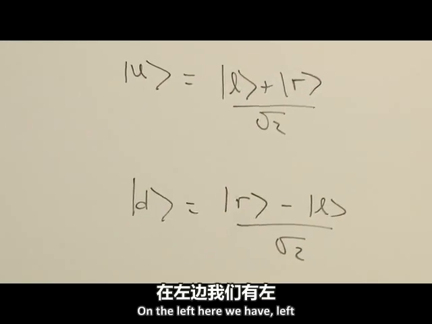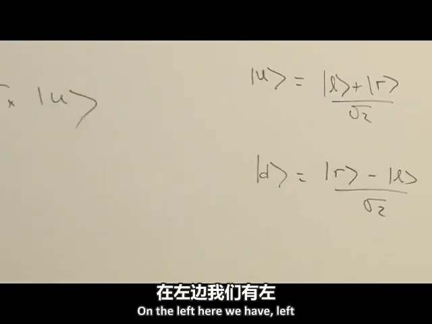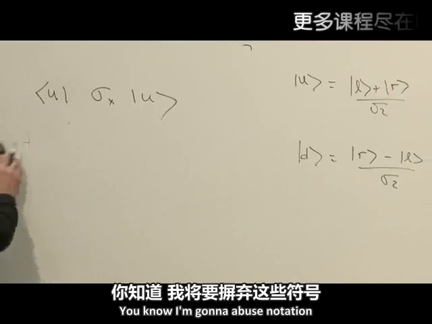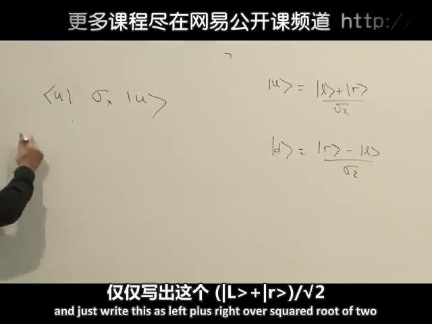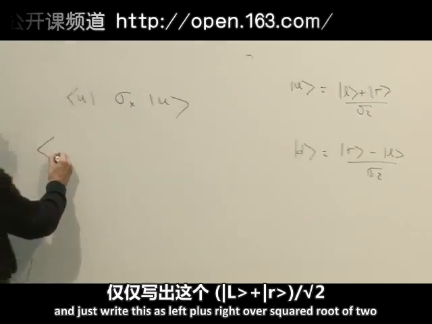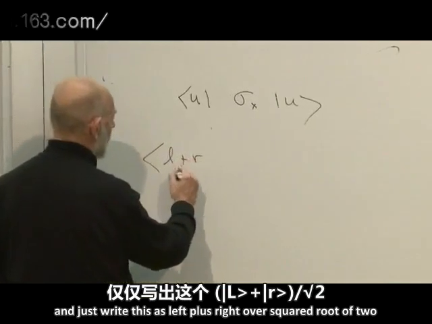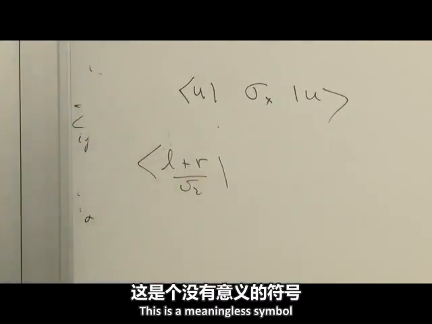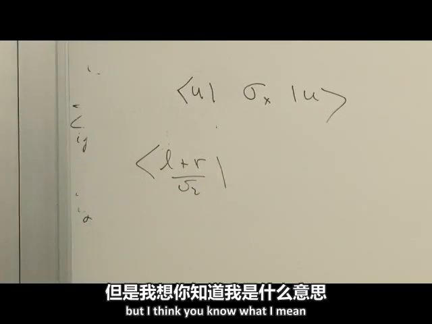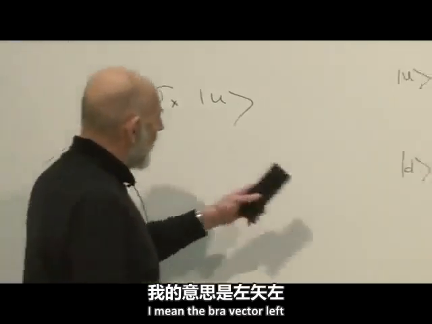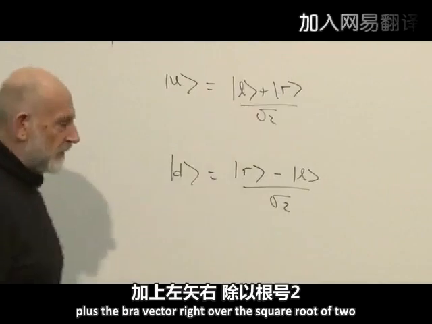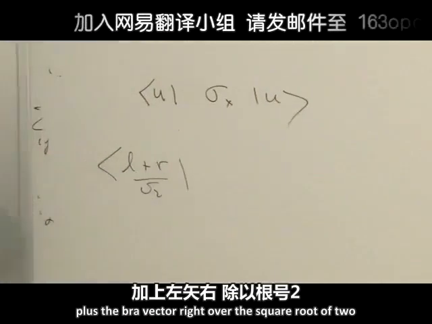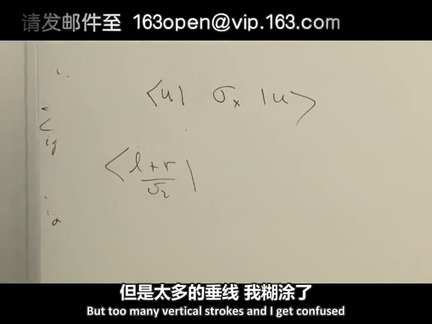On the left here, we have the bra. You know, I'm going to abuse notation and just write this as left plus right over square root of 2. This is a meaningless symbol, but I think you know what I mean. I mean the bra vector left plus the bra vector right over the square root of 2, but too many vertical strokes and I get confused.